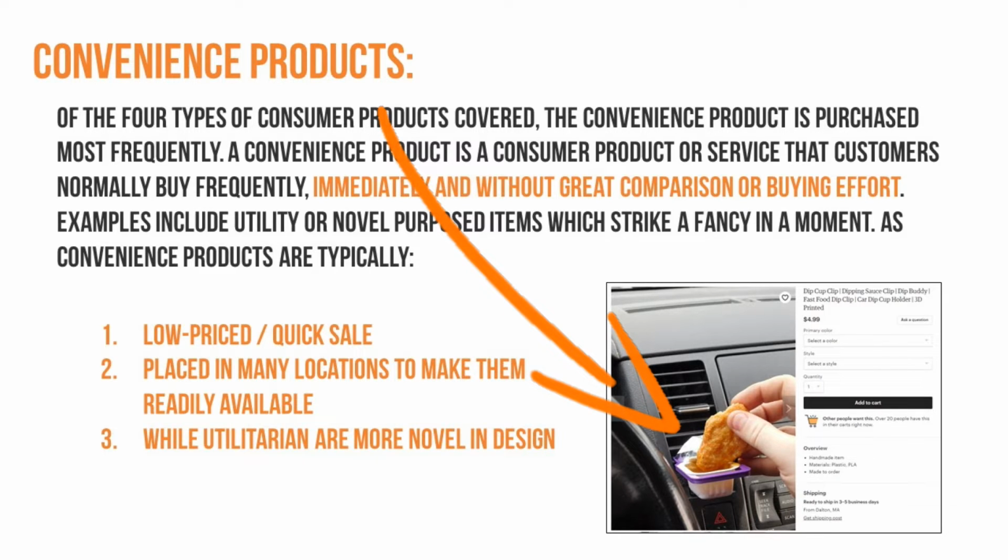I thought this was actually pretty cool and a good example of a convenience type sale. The idea here is you're not going out looking for it, but you come across it and you go, wow, this is something I need, because it's going to make my life easier, it's going to be more convenient.